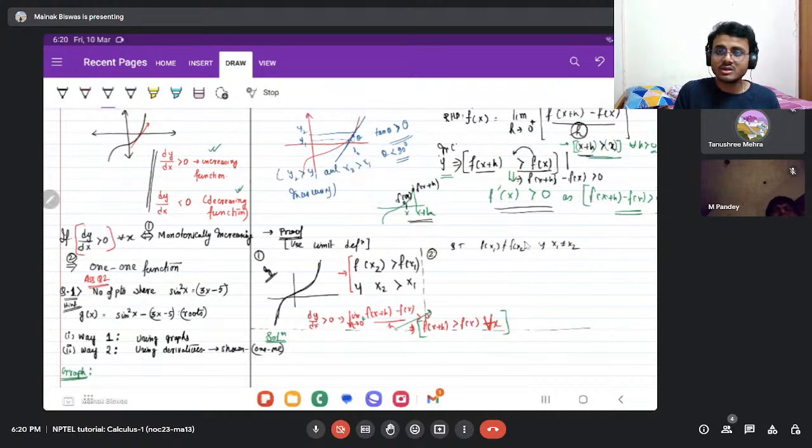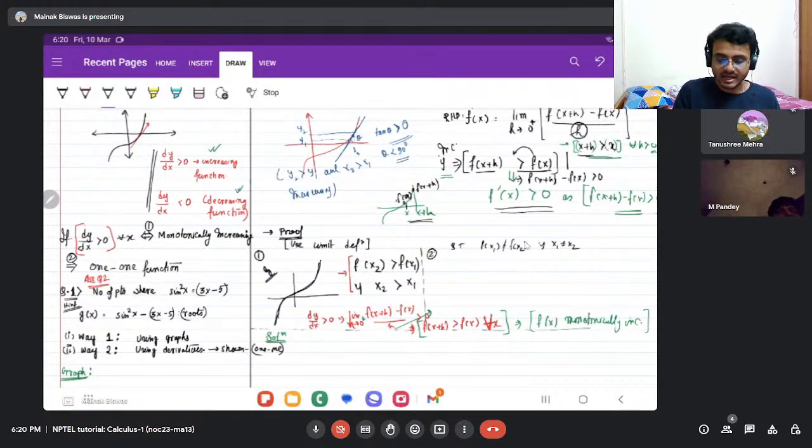What does it mean? If you go to the right by some distance, for any x the function will be increasing, you're always greater. So f of x is monotonically increasing. Is this final argument clear?